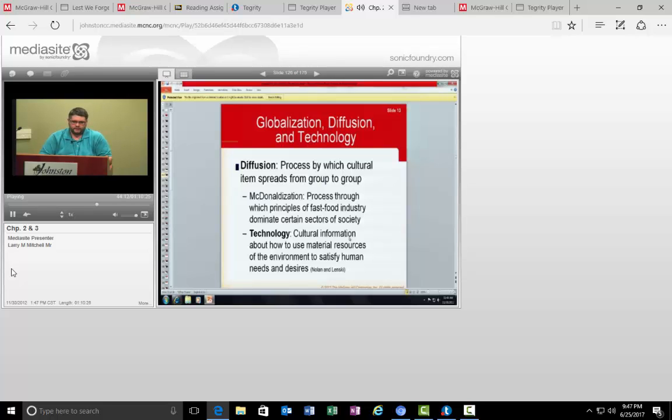Technology is something that we see here in Linsky. You'll notice that name on the slide. He is one person who really talked about culture and technology and how influential it is. We often think of technology from a computer standpoint, and that is true, but it's not always that true.